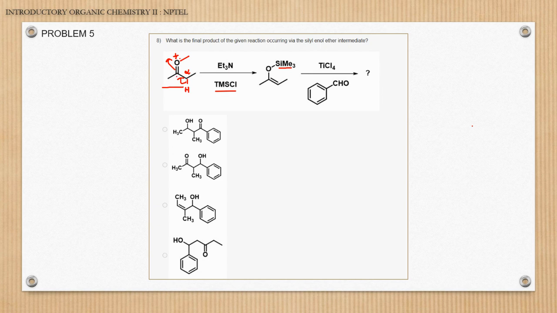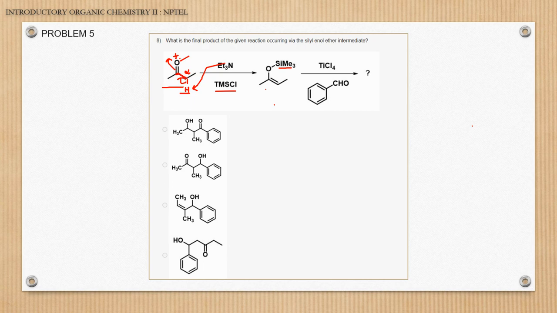So it will make this carbon more electrophilic in nature, and thereby it will withdraw the electrons from this CH bond, and here this hydrogen in turn becomes acidic in nature. So that is why now this triethylamine can take up this proton, and here you will get a double bond formed. So this is how your silyl enol ether is getting formed.